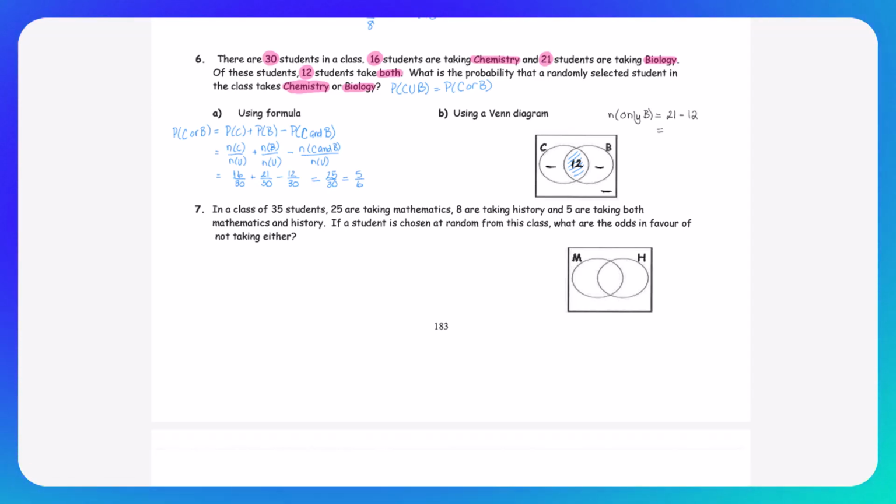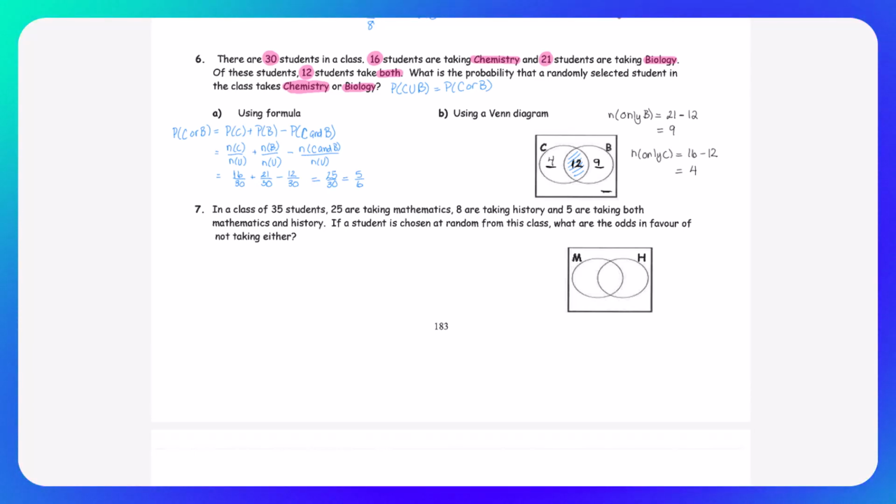So in that case, 21 minus 12, there's 9. So there's 9 people who are only taking biology. Then for those that are taking only chemistry, I have 16 who are taking chemistry, but 12 of them are also taking bio. So the number taking only chemistry is 4.